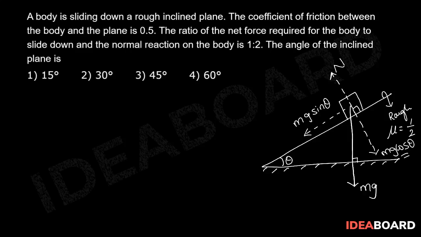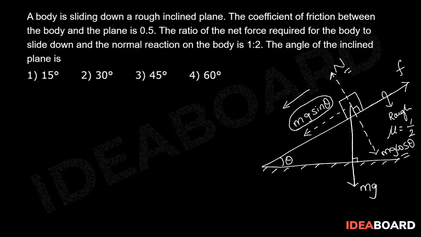Mg cos theta balances the normal reaction force, and because of mg sin theta, the block tends to slide down the inclination. So frictional force acts along the inclination in upward direction.